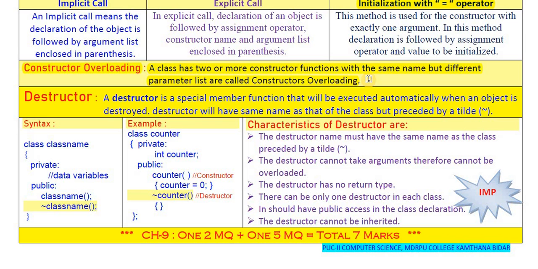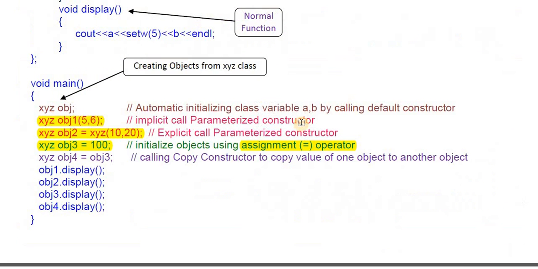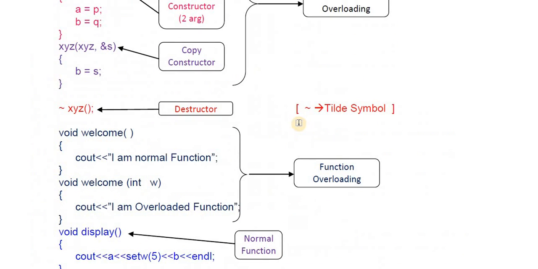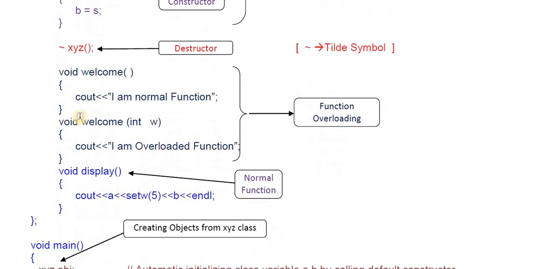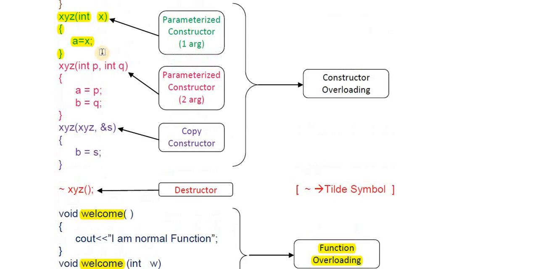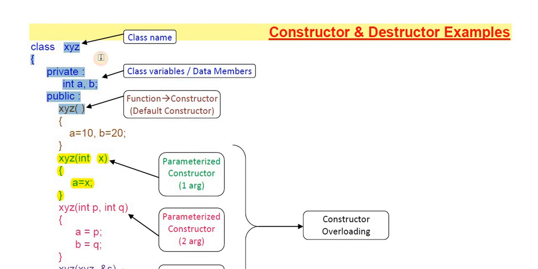So here you can see the example. This is the example of function overloading. The name of the function is welcome, and here also the name of the function is welcome. So here two functions have the same name, but the name is different from the class. The class name is xyz.